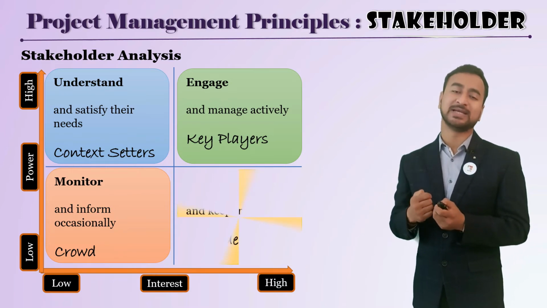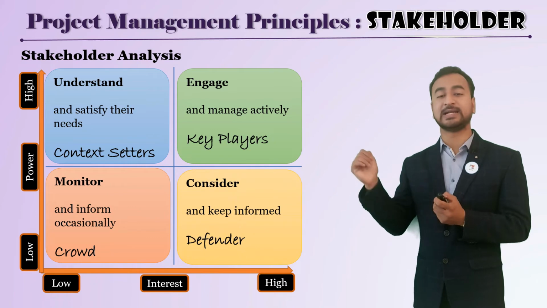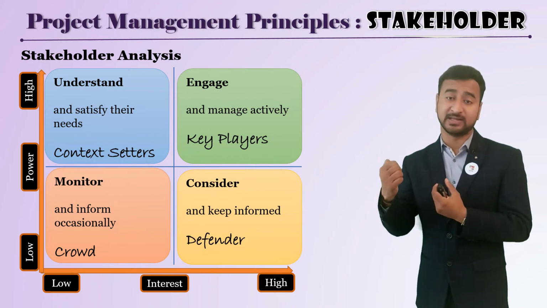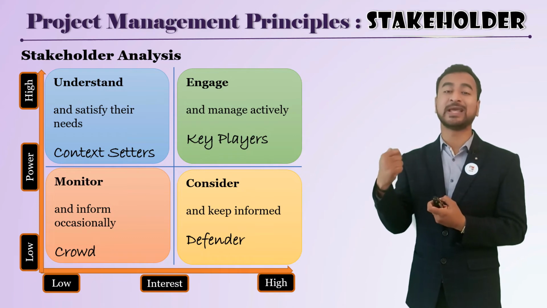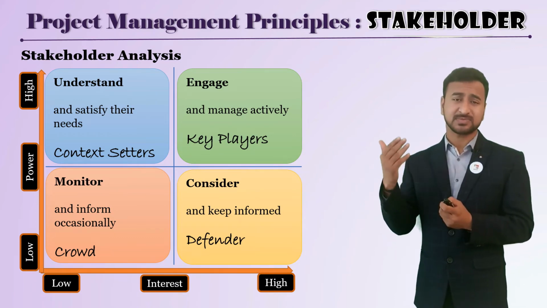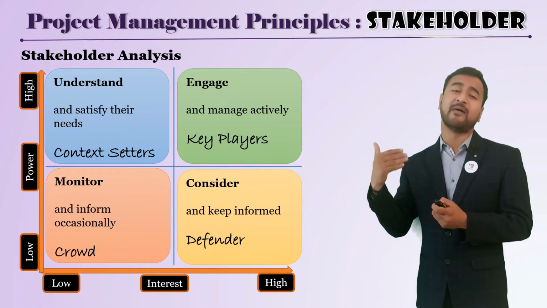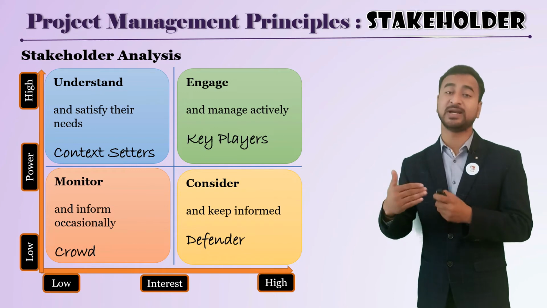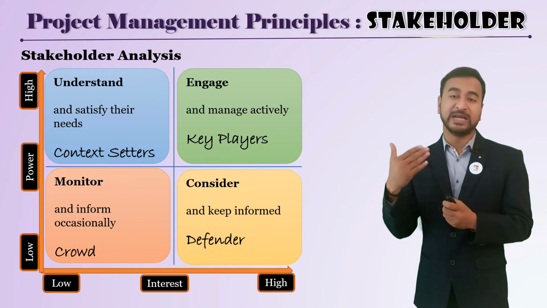And the last quadrant has high interest but low power: they are the defenders, supporting your project, so you keep them informed about the project progress. So this is the power-interest grid analysis, by which you can analyze the stakeholders and accordingly define the strategy to engage the different stakeholders.